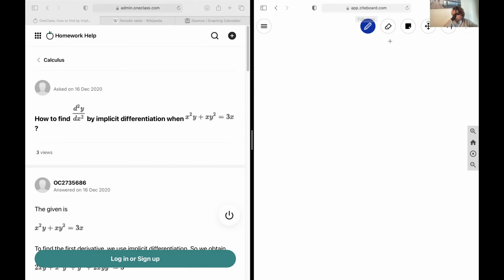Okay, so for this one, we're going to find the second derivative of y by implicit differentiation when x squared y plus xy squared is equal to 3x. For this one, we just need to note that d over dx of u times v is equal to d over dx of u multiplied by v plus d over dx of v multiplied by u.